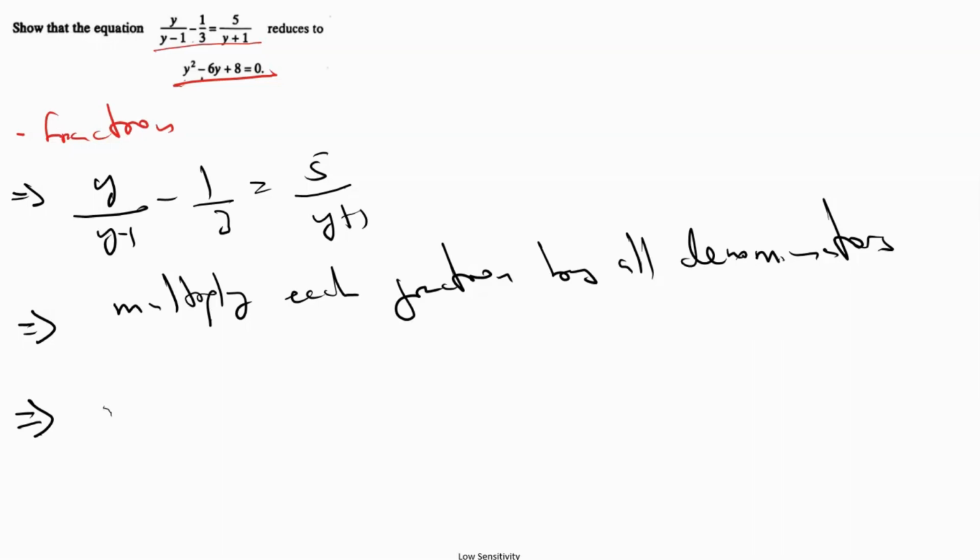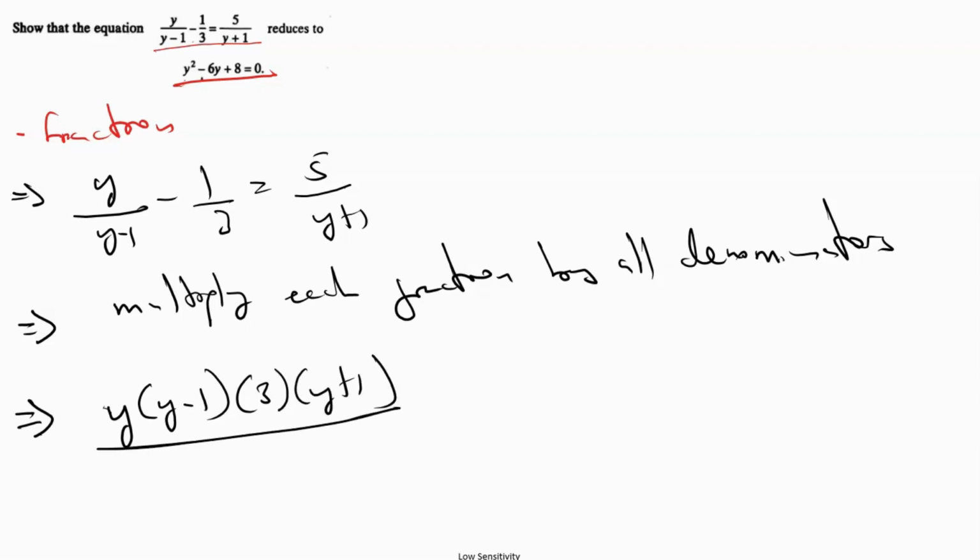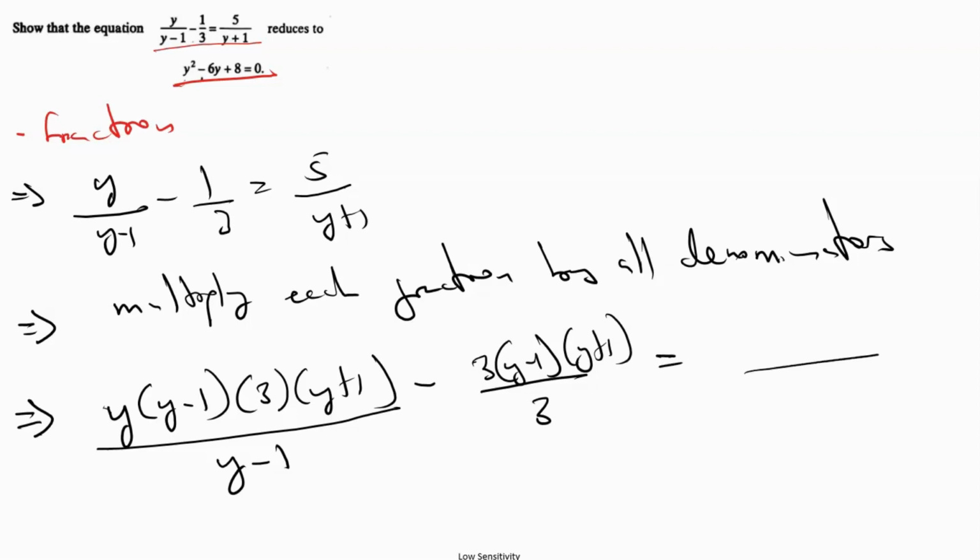The first expression becomes y, and we multiply it by 3 and y plus 1, still all over y minus 1, minus 1 over 3 multiplied by 3, y minus 1, y plus 1, which equals 5 over y plus 1, where we multiply by y plus 1, y minus 1, and 3.